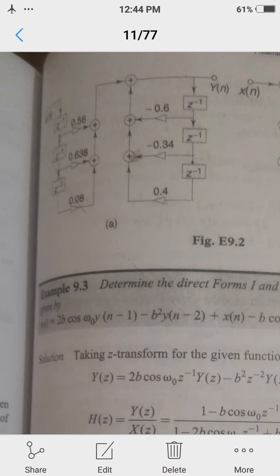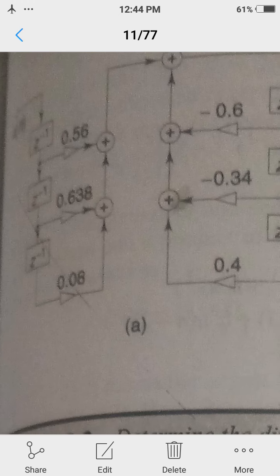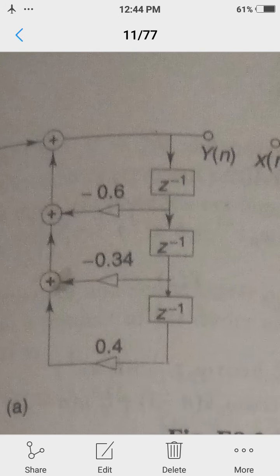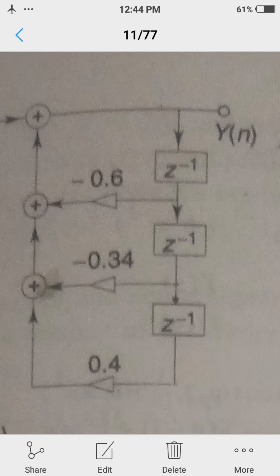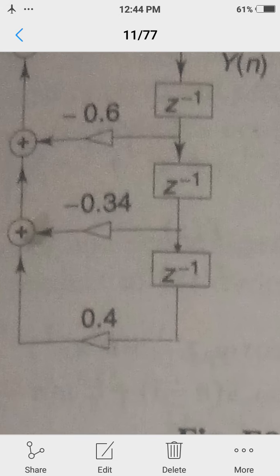So we can see the coefficients: 0.56, then 0.638, then 0.08, and here minus 0.6. The negative coefficients of the denominator will be minus 0.34, and this is 0.4.